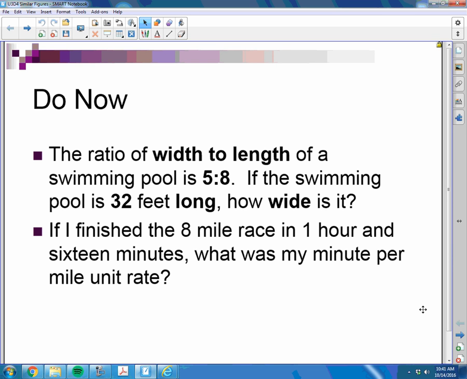It says the ratio of width to length of a swimming pool is 5 to 8. Right off the bat, I would go ahead and, oh, I see what they're saying. That's a problem. Give it a second. Let's see if it's, oh. No, still not. Give it a second.